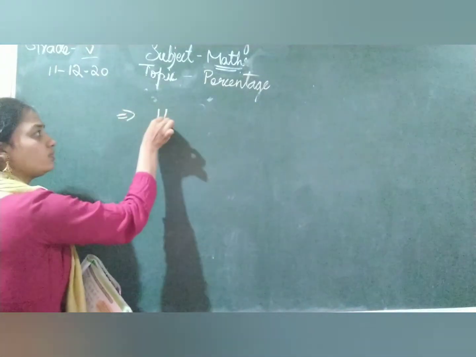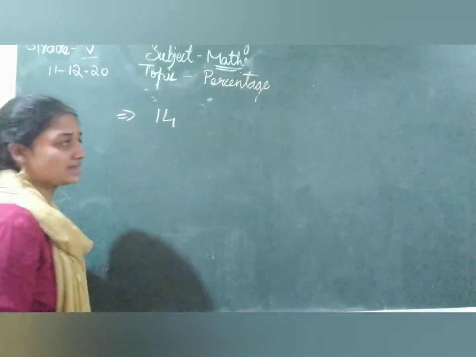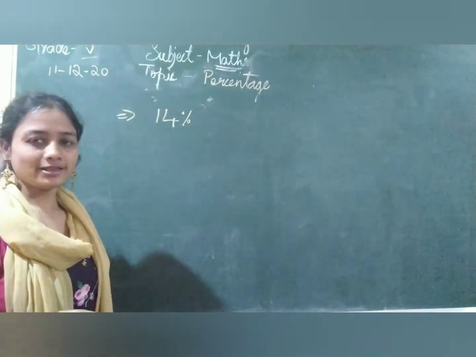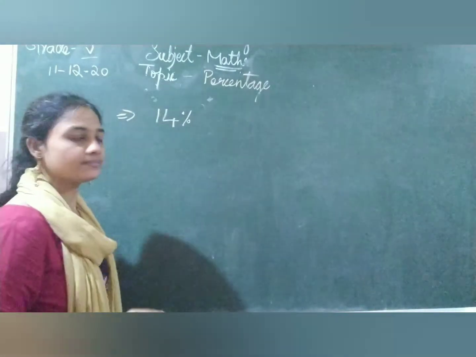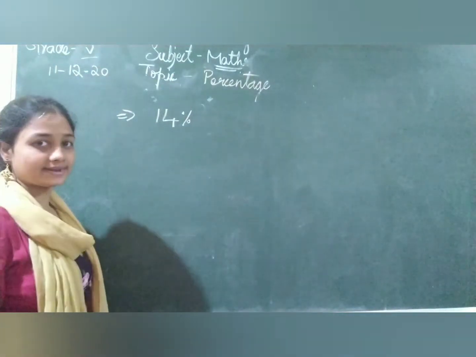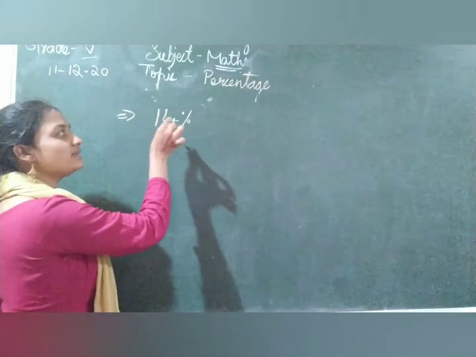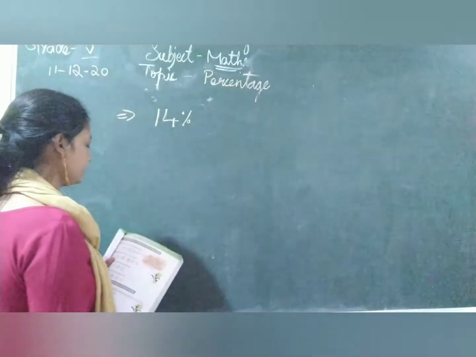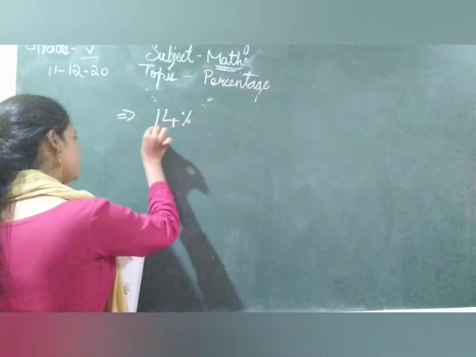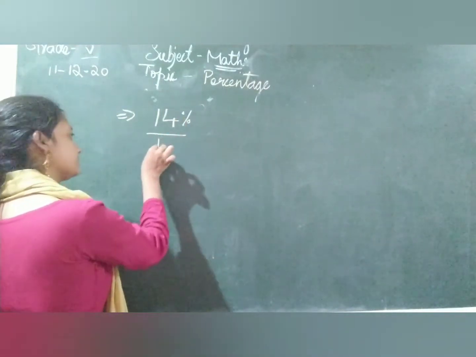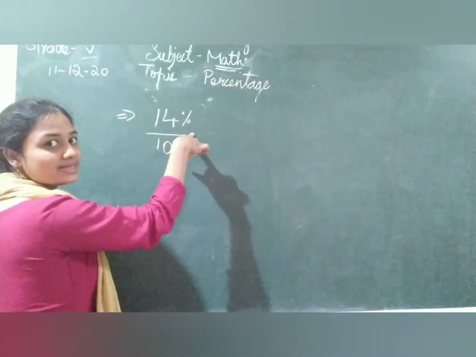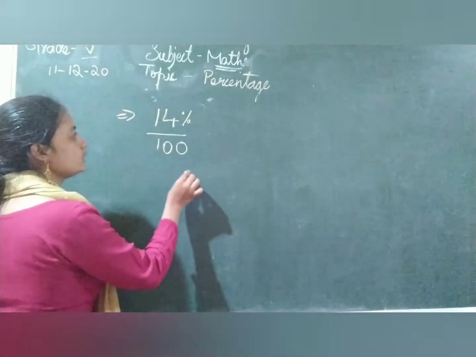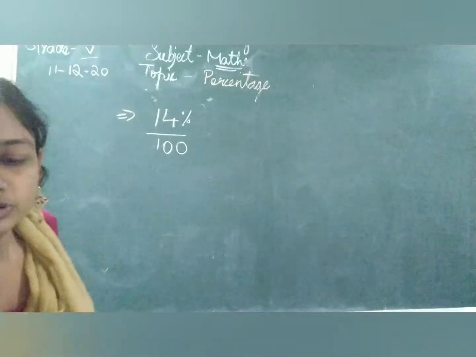You think I have 14%, which was the answer for the last one. So you know you should get 7 by 50, right? So let's check how we get it. When I want to convert the percentage into fraction, you should divide the given thing by 100. So what do you get?